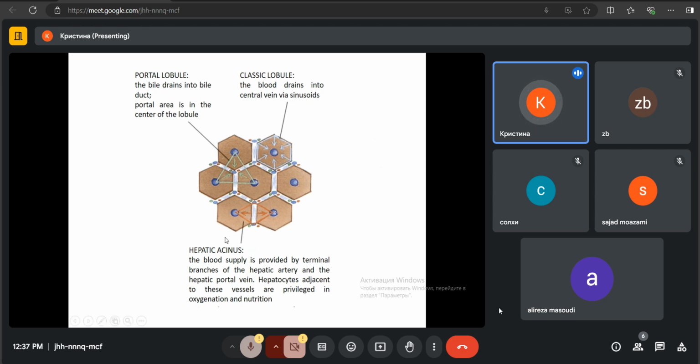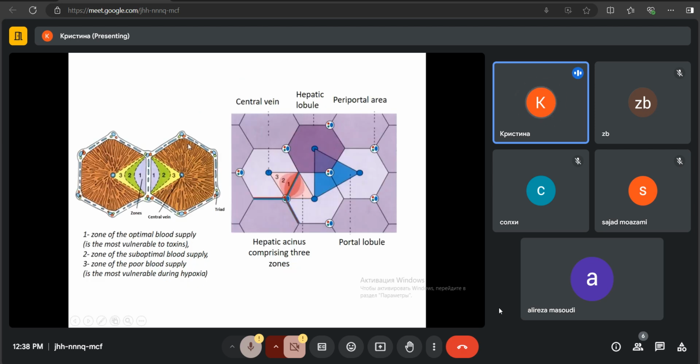And also we can use the term hepatic acinus, which is the rhombus in shape with angles in central veins and in portal triads. It describes the blood supply of different hepatocytes. It is better shown in this picture.